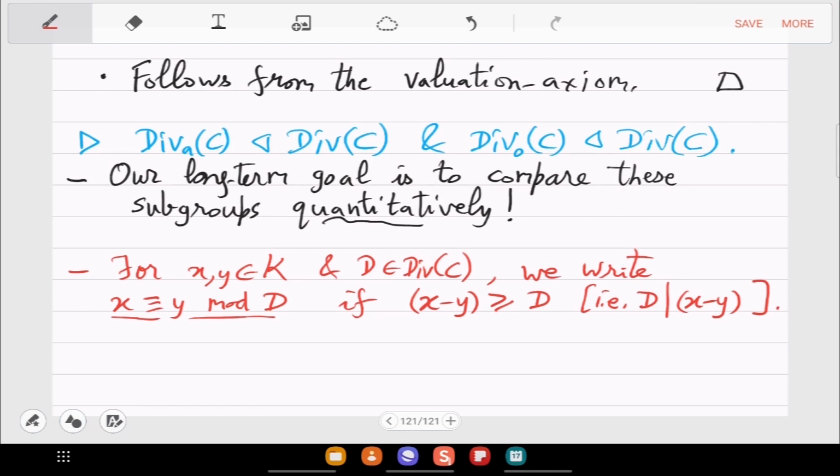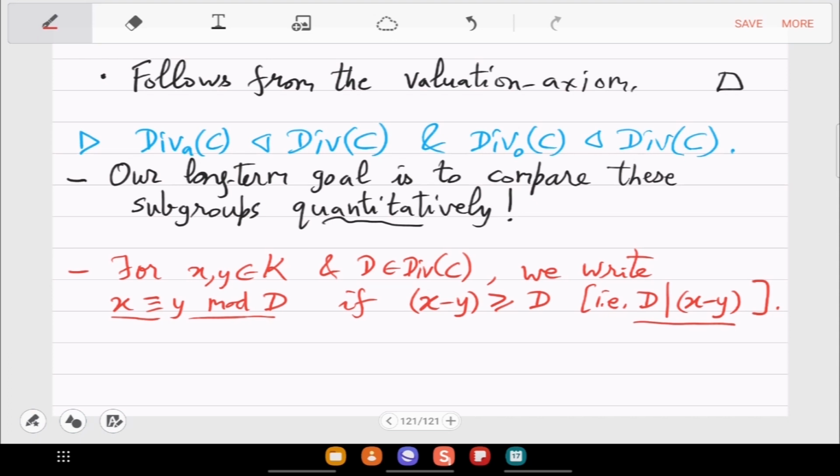Okay, so we are defining these things. So with respect to a divisor, we can actually compare rational functions. We say that they are equivalent if you look at the zeros and poles of x minus y, each of the orders should be at least that in D. So when D is a principal divisor of f, then f should divide x minus y. We are trying to mirror that here in general.